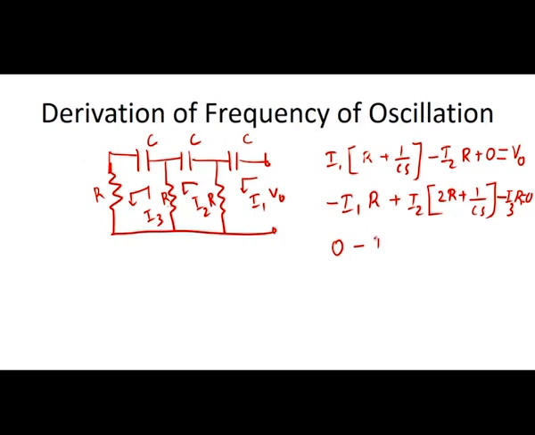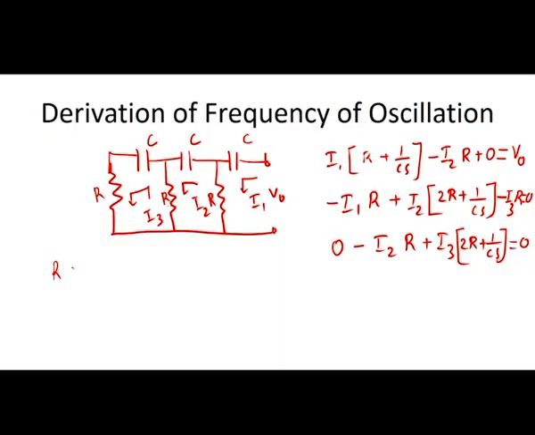So, subtract the I2 current flowing through the resistance, I2R, plus I3 is flowing through 2 resistors, so 2R plus 1 by Cs is equal to 0, again 0 here. Write this equation, then it is easy to calculate what is I3.